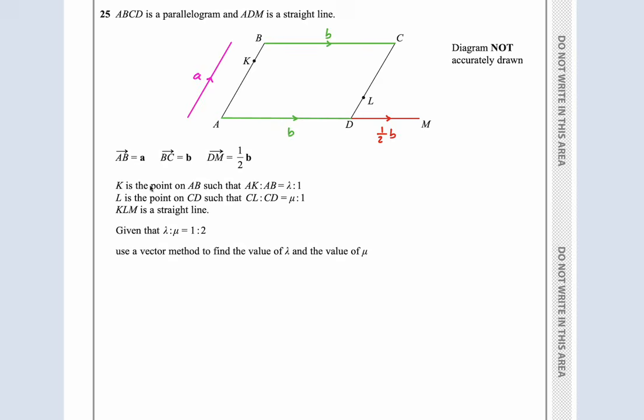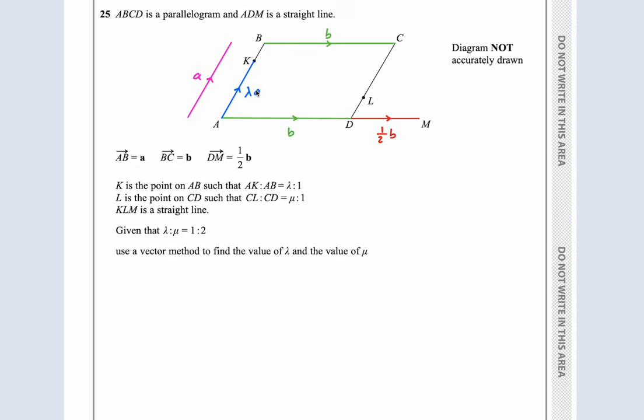Okay, now next thing, it says K is the point on AB such that AK to AB is lambda to 1. So if you want to think of your ratios, AK over AB equals lambda over 1, which basically means AK equals lambda AB. We know AB is a, so AK is lambda a. So here I'm going to put lambda a.